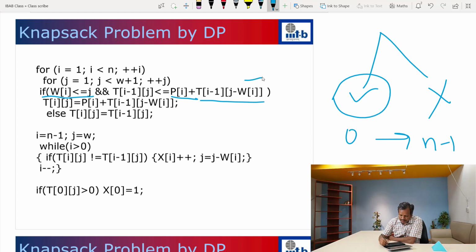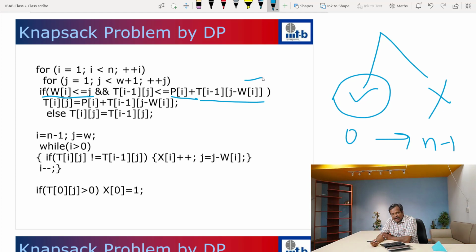So in this program, the profits of the items are P of I, and the weights of the items are given by wi. If I decide to pick the ith item, then the profit that I get is P of I, and the remaining capacity has to be filled by j minus wi, because the weight of the ith item is wi.